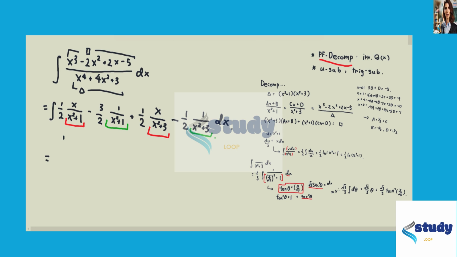So these two involve a natural log of x squared plus something. These two would involve the arctangent as the integral. And let's not forget that there's going to be a plus c at the end because this is an indefinite integral.